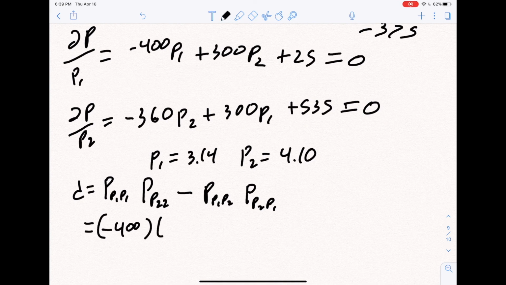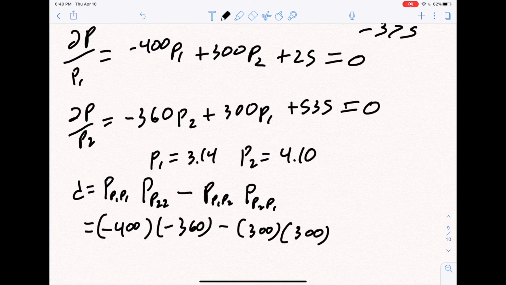The only thing that stays around is minus 360. P_p1p2 is the derivative of P_p1 with respect to p2, and we end up with just 300. And P_p2p1, which is equal to P_p1p2, is again 300.